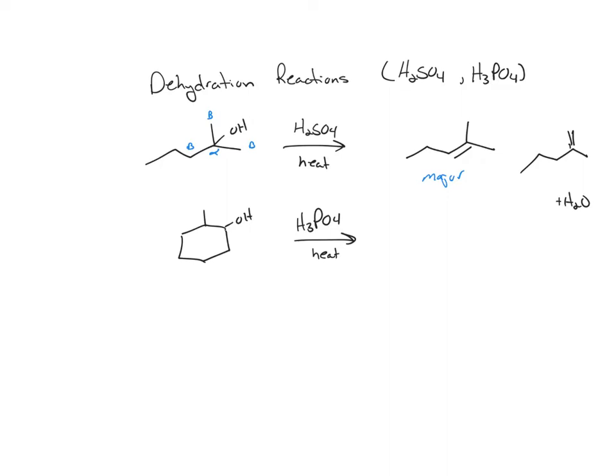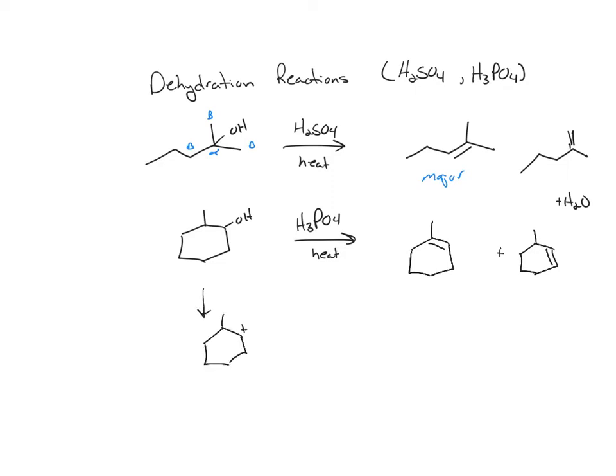So product for this one. How many products did you give? 3? That's a good number. So hopefully you got that product plus that product, right? It's an E1 mechanism, so we have the opportunity for a hydride shift.